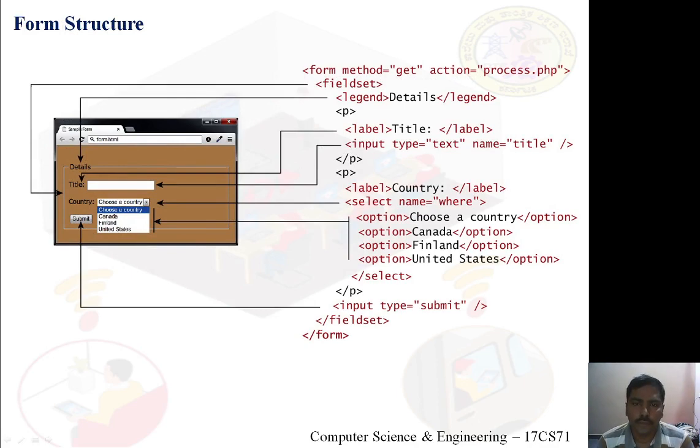Now look at this slide. This slide contains one web page, and in this web page, there's a simple form with two fields. One is the title field. There's a label named title. Immediately after that label, there's one text box field. Got it?